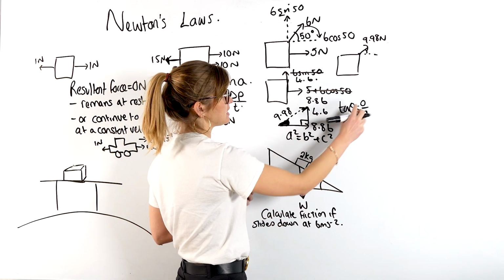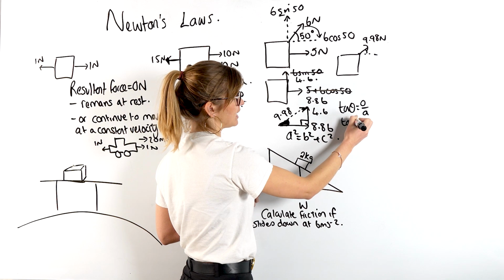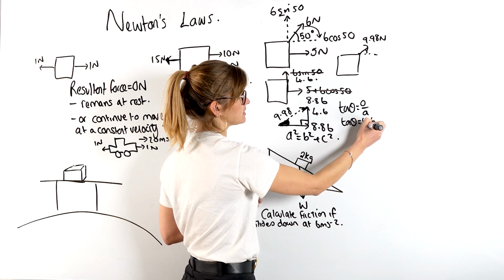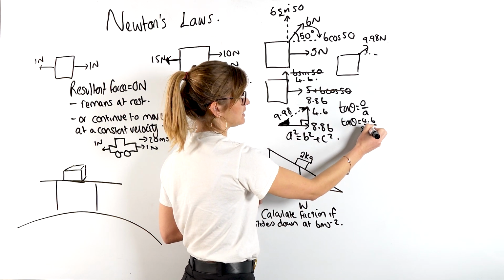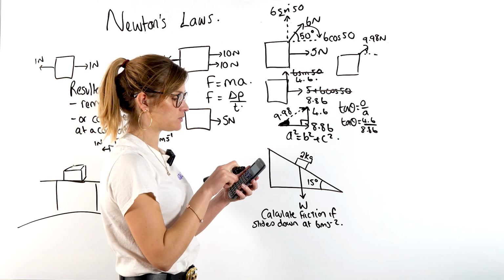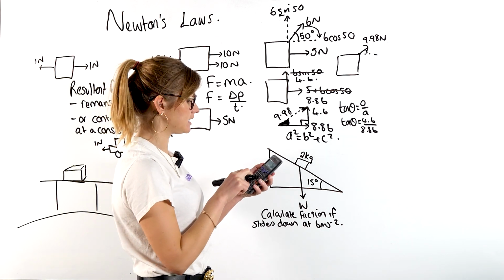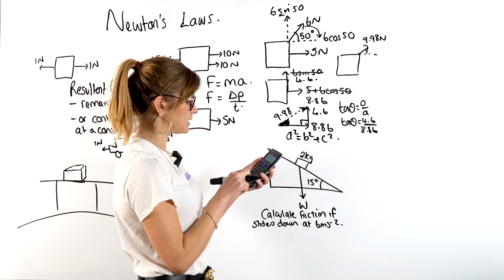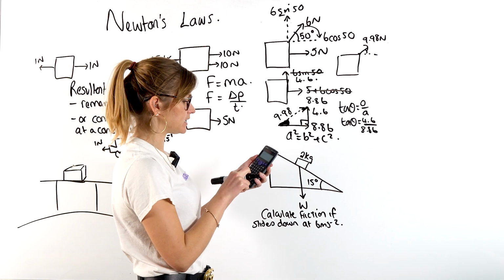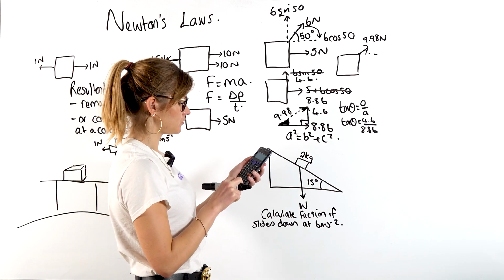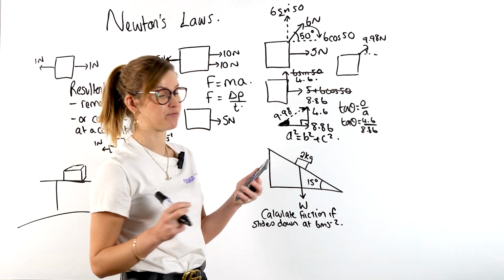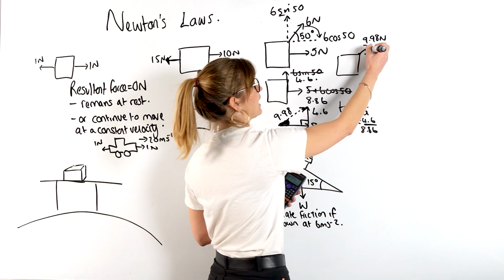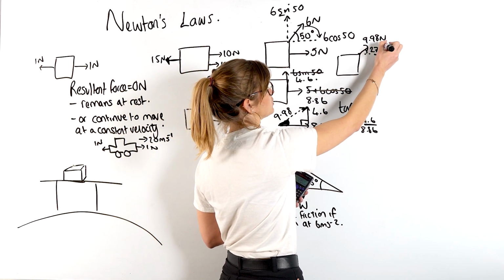My opposite is my 4.6, and my adjacent is my 8.86. To find theta, we just do inverse tan, or shift tan, of 4.6 divided by 8.86, and the angle comes out at 27.4 degrees. So I know the angle there is 27.4 degrees.